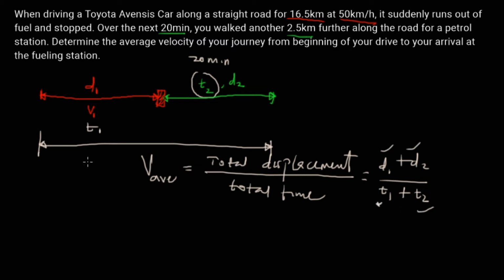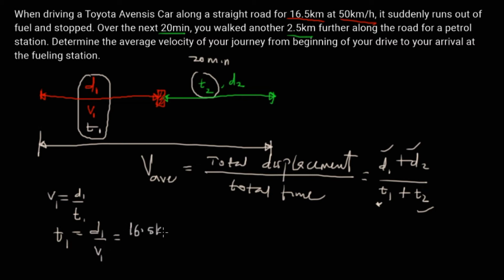To know T1, we need to make use of the parameters for the first 16.5 kilometer. Since velocity is displacement upon time, V1 is equal to D1 upon T1, so T1 is equal to D1 upon V1. D1 is 16.5 kilometer, and the velocity at that displacement is 50 kilometer per hour.